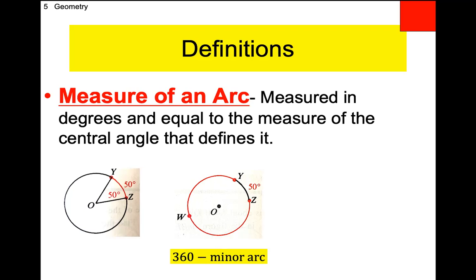At this point, usually every kid gets this. Connor, yes, no? Is that an obvious thing? So I can give you either the major or the minor, you can calculate one or the other. You subtract it from 360. However, if I give you the central angle and ask you to calculate the major and the minor, it's not much thinking involved, but you've got to remember the relationship between the measure of the arc and the central angle is that they are equal.